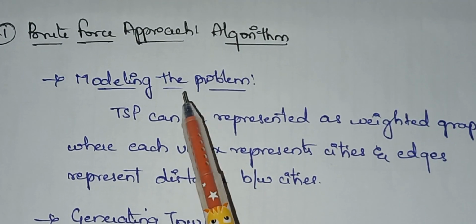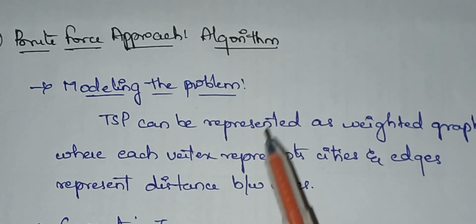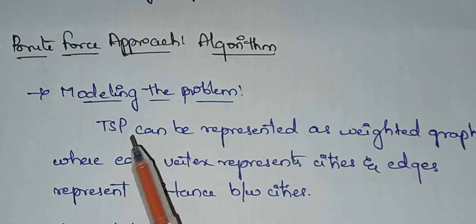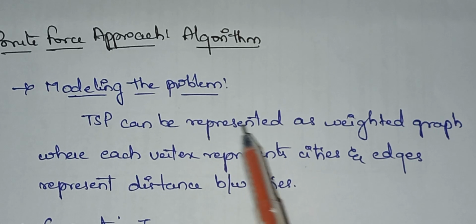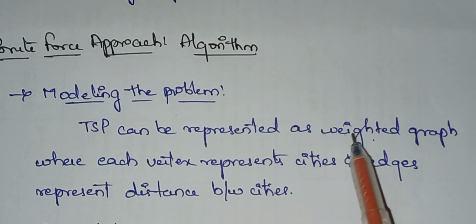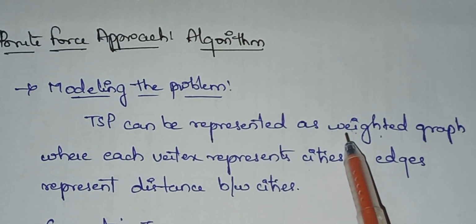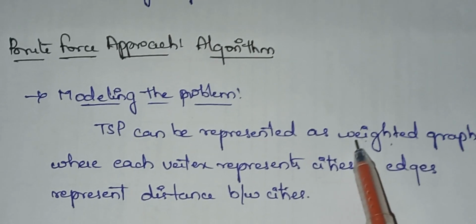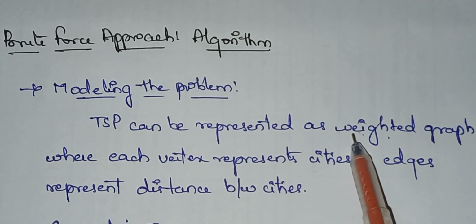Here the first step is modeling the problem, which means that your TSP, the traveling salesman problem, can be represented as a weighted graph. A weighted graph is nothing but a graph where a cost is given for each edge. Based on that cost you have to calculate the distance.